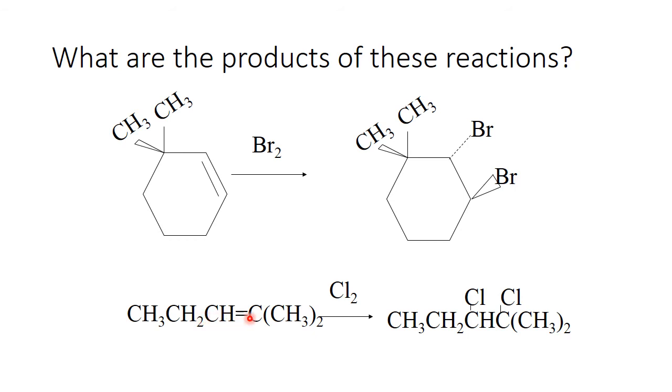Here, you don't have to worry because the anti-position cannot be seen. So what do you have to make sure of? That you identify the double bond, you reduce it to a single bond and add a chlorine to one carbon and a chlorine to the other carbon, which is what the product is here.